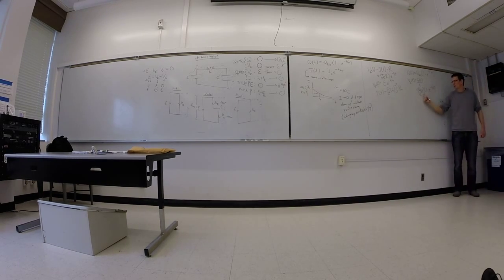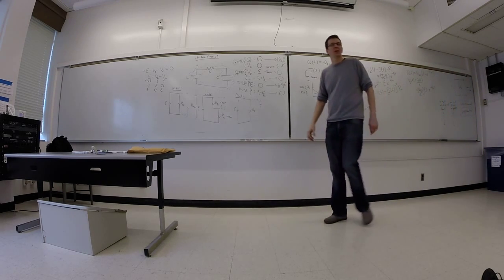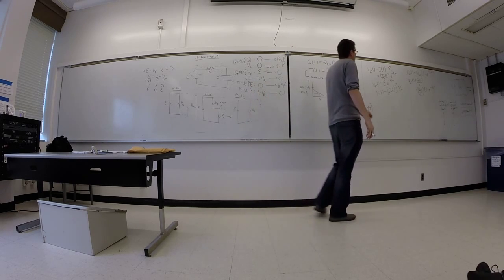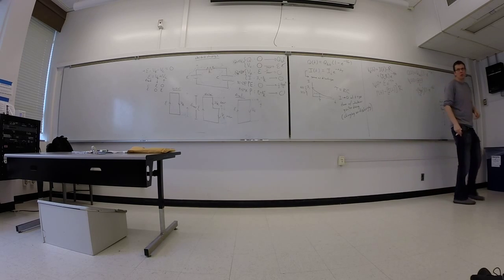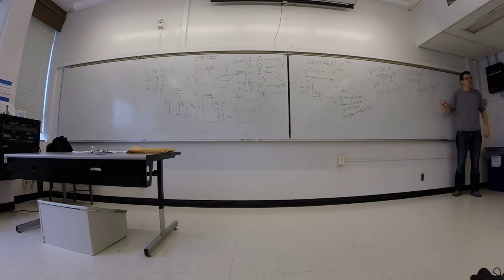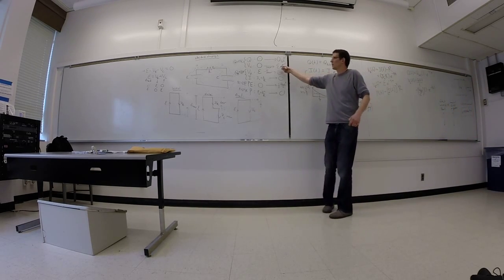What is this right here, by the way? Q full over C. Well, Q over C in general is the voltage, right? So what's the full Q over C? That's the final voltage, right? Which is what? Now it's the entire battery.